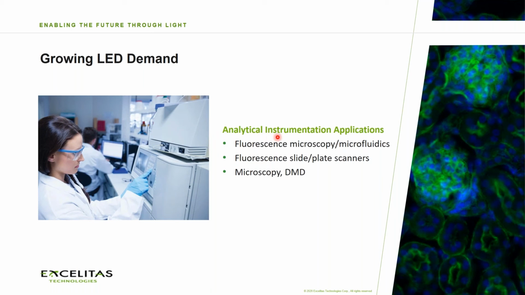Your fluorescent slide scanners, your plate scanners, and especially with all the pathology going on recently, there is a lot more demand in being able to move things quickly as far as testing. And of course, there's microscopy that I talked about, as well as DMD, which is a digital mirror device that allows you to point the light to very specific portions of your cell or your slide.